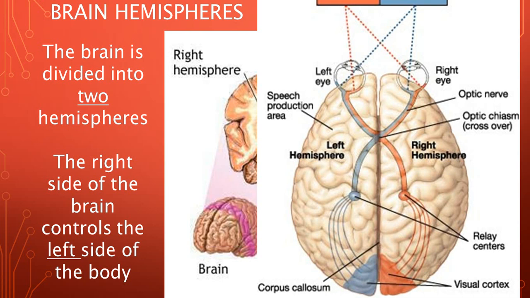I also will say the vast majority of humans are right-handed. And the left hemisphere tends to control things like logic and math and things like this. That doesn't mean that somebody who's right-handed can't be artistic. Not at all. It just seems that oftentimes left-handed people tend to be very artistic. So you may disagree with me on that one.